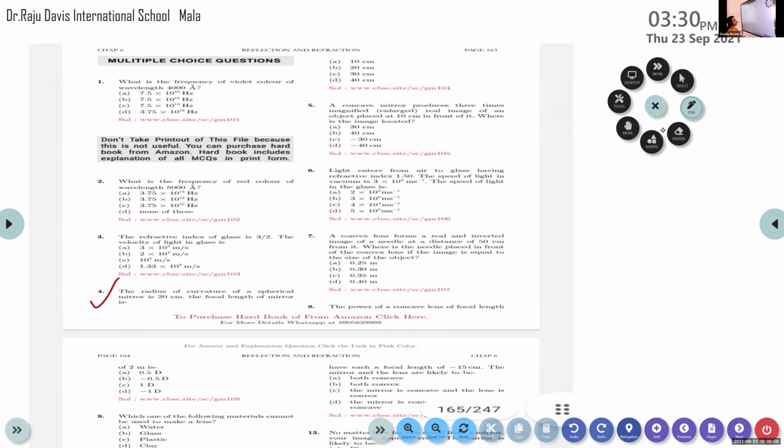Next one. A concave mirror produces 3 times magnified real image of an object placed at a distance of 10 centimeter in front of it. Where is the image located? So here the object distance u is equal to -10.